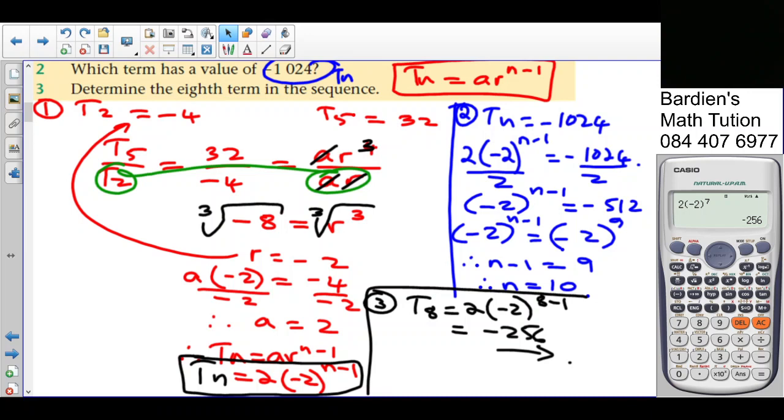So if you're looking at T2, what would T2 then be? T2 is going to be A R to the 2 minus 1, which is 1. What would term 5 be? A R to the 5 minus 1. And 5 minus 1 is 4. Not so?